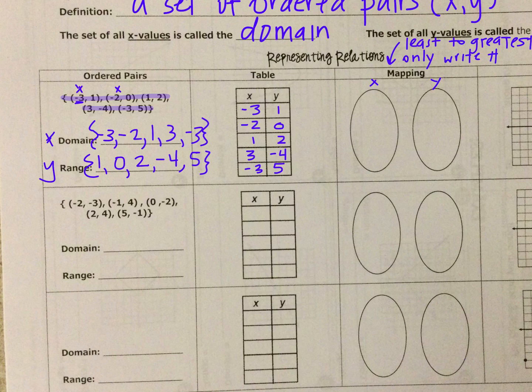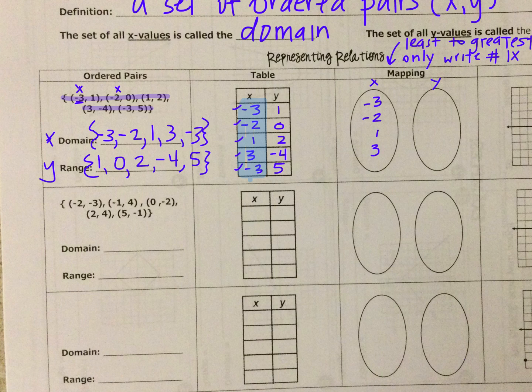Okay, so I'm going to look at these x's right here. I'm going to check them off as I put them in so I can make sure I get them all. So, least. When I look at that, the -3 is the smallest, so I'm going to write it first. Well, there's another -3, but I only write it one time, so I'm good. I got the -3. Then there'll be a -2.